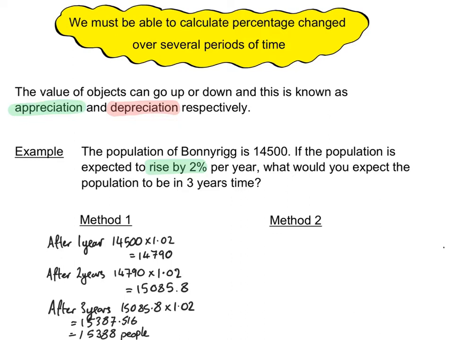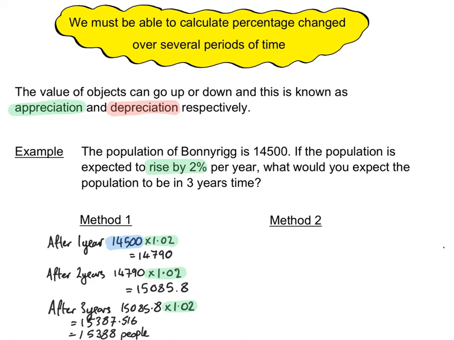If we look back at method 1 for a second though, all I've done here is I've taken the original amount, 14500, and I've multiplied it by 1.02, multiplied it by 1.02 again, and multiplied it by 1.02 a third time. So if I'm looking to do this quickly, I can simply take 14,500 and multiply it by 1.02 3 times.